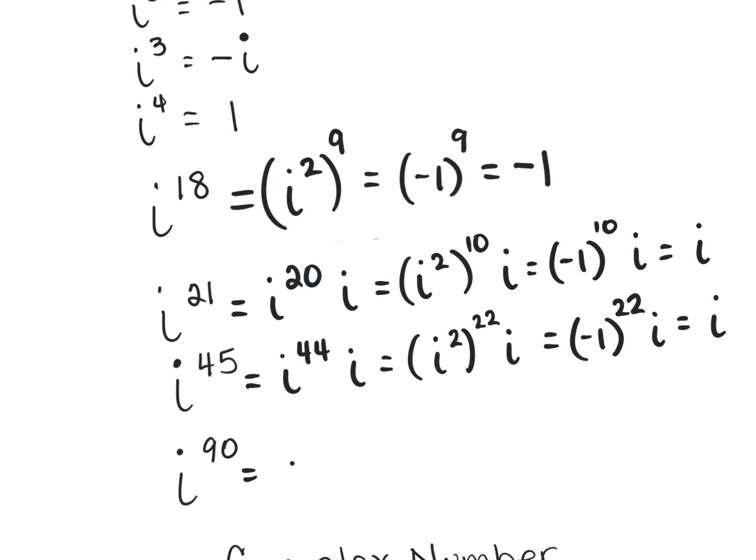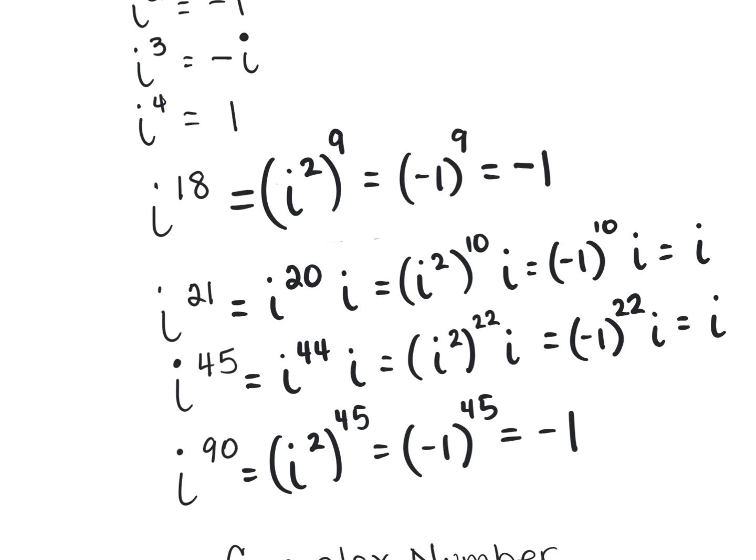And then i to the 90th is even, so that's i squared, and that's going to give me a 45 out here. So i squared is going to be -1 raised to the 45th power, so that gives me a -1. Now you can also have -i as an answer. I didn't make one of those because I randomly came up with those exponents.